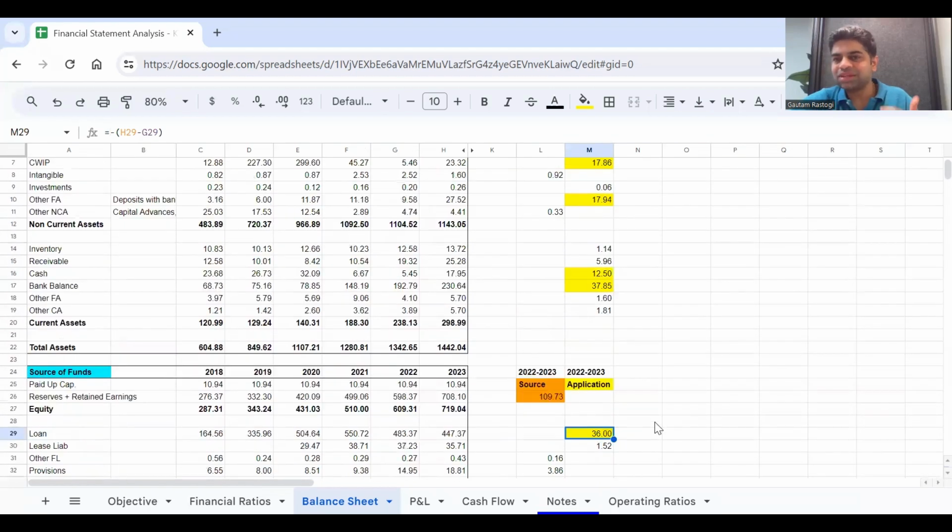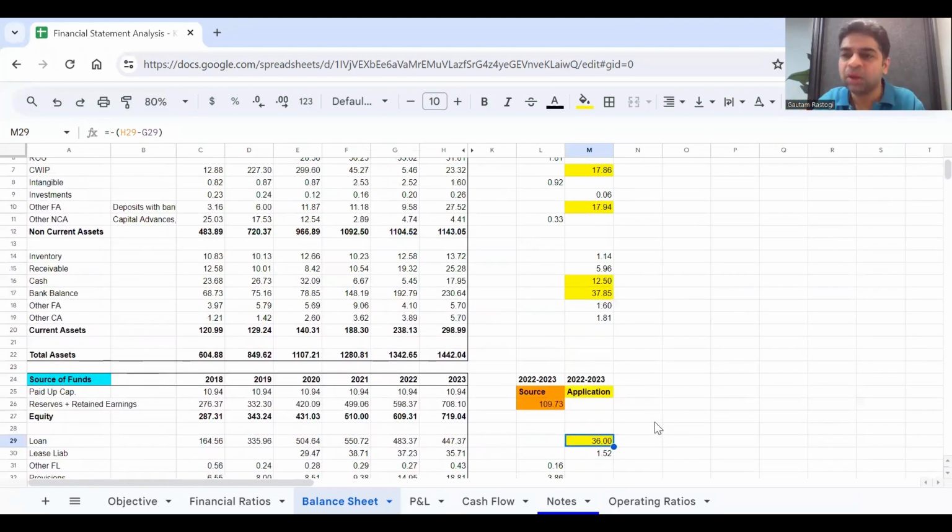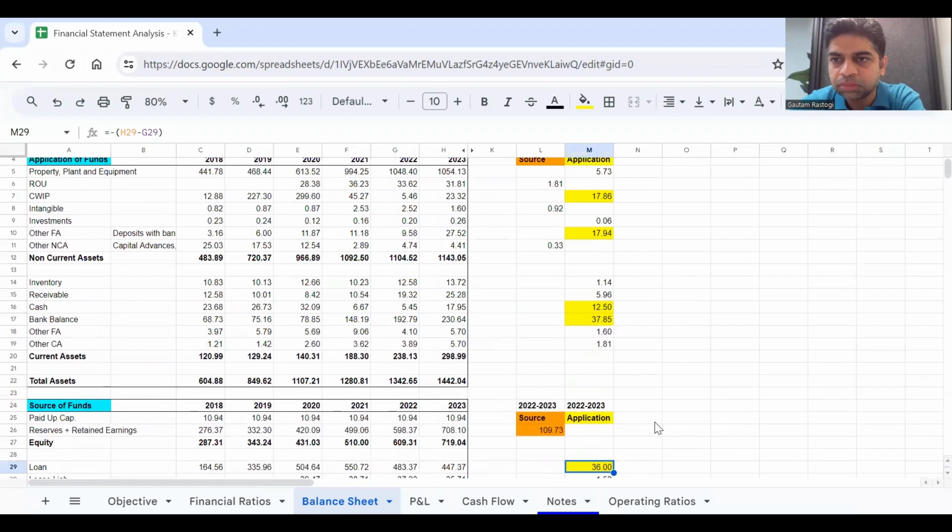So you kind of get to know what is really happening with the company. All right. And if you do this for the prior 4 years, we'll get to know what the company has been doing for the last 4-5 years. Chal kya raha hai company mein, you'll get to know. All right, in terms of their capital allocation and how the capital really is moving.